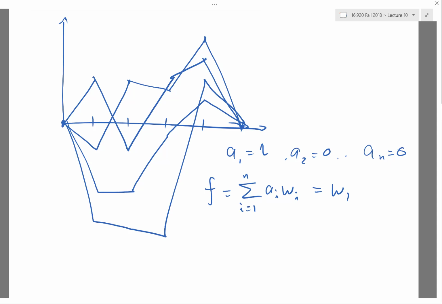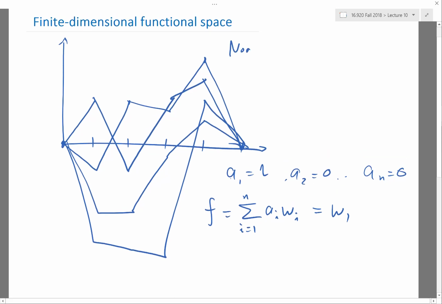So for example, if A1 is equal to 1, and remember, that nodal basis means that Ai is actually equal to the function at xi, at one of these grid points, at one of these nodes, right? Ai is the ith node, xi is the ith node.